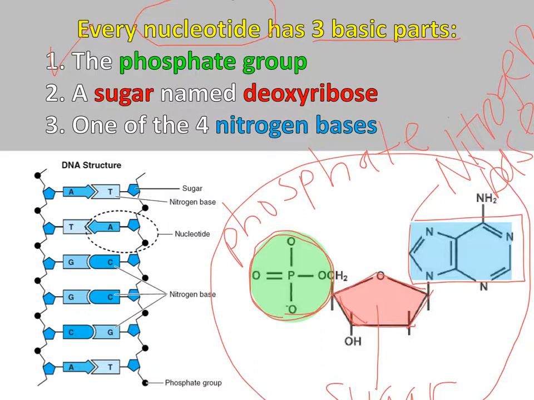And it has one of the 4 nitrogen bases, and we'll get into that, A, T, C, and G. Make sure you label this here on your notes. There's a picture right next to the 3 parts. Go ahead and write that in.